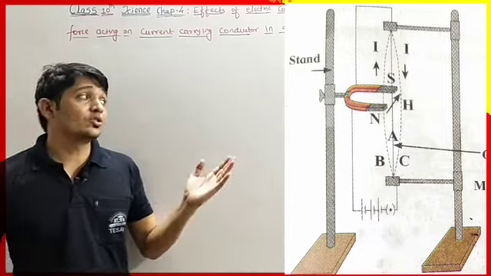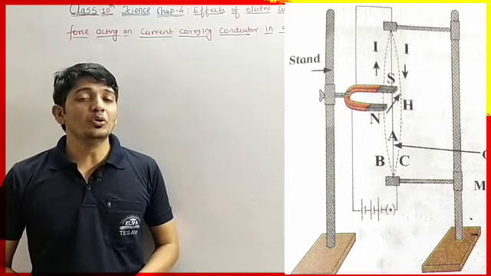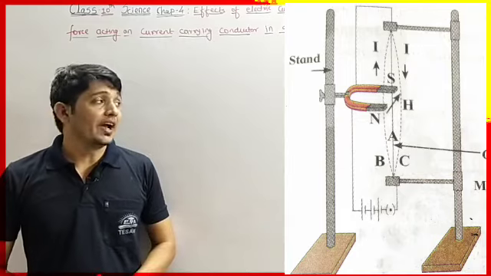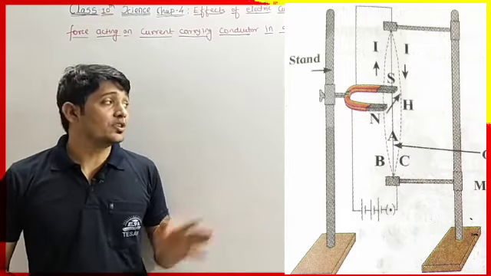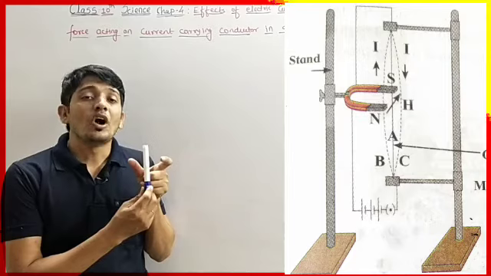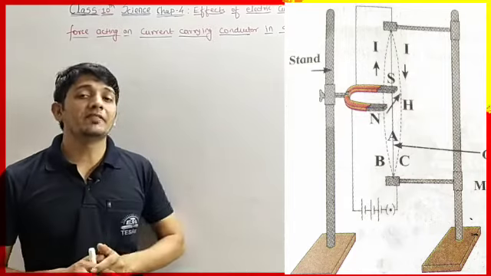Okay, so as you see in the diagram, the horseshoe magnet is used to provide the strong magnetic field, and the current carrying conductor is placed right between the horseshoe magnet, perpendicular to the magnetic field.